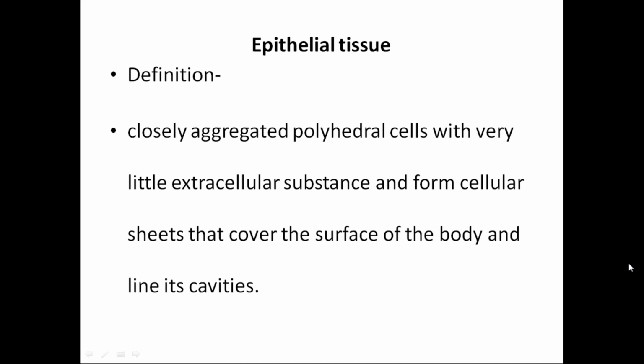Suppose our oral cavity, nasal cavity, and the interior of the heart, as well as the pleural cavity and peritoneal cavity, all are lined by epithelial tissues. Our skin that covers our body surface also has epithelial tissue. So this is called epidermis. So this is epithelial tissue. So the definition you have to know like that.